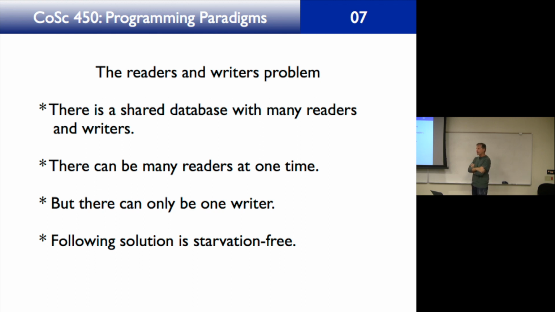Another one is the dining philosophers problem, but that's not famous because it's practical. That's famous because, like Towers of Hanoi, it's such a good problem to simulate to see how these parallel algorithms work. And there is a third one that is just a classic, and this one is really important because it's really practical. You really need to be familiar with this.